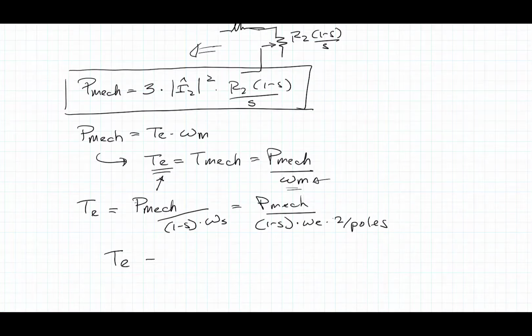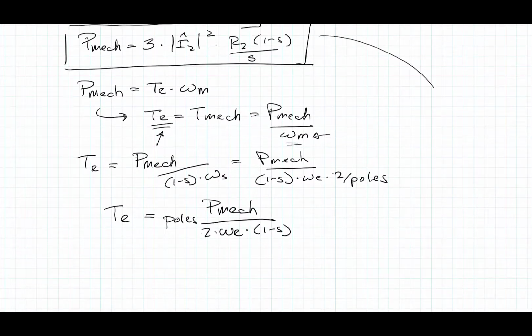So the expression then becomes P mechanical divided by the number of poles divided by 2 times the electrical frequency times 1 minus s.